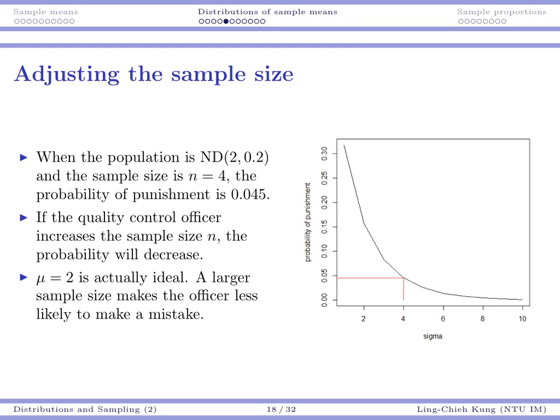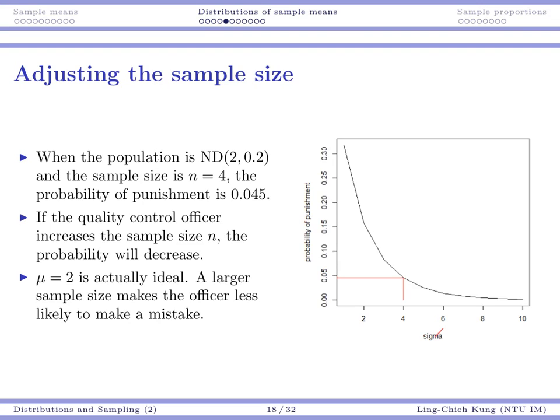The officer should not say that, because in fact my production line has a population mean of 2, so that is good. But still, it's possible for the sample to be so weird, and that means the officer may make a mistake. So if the officer wants to reduce the probability of making a mistake, then she or he can try to increase the sample size.